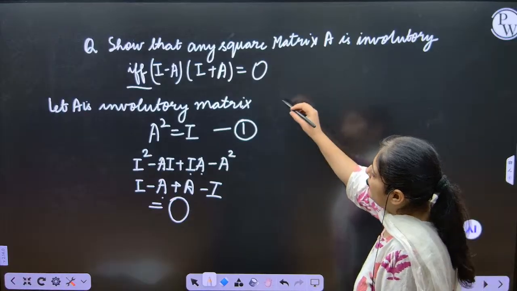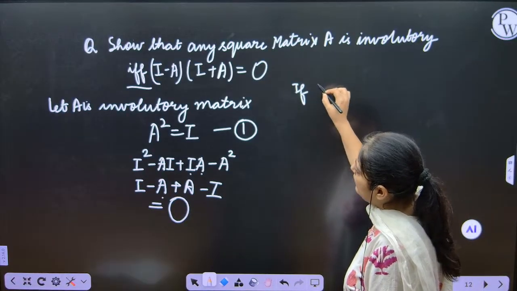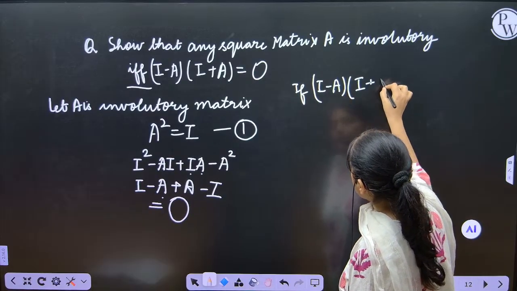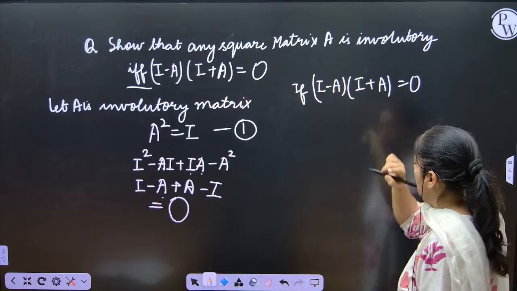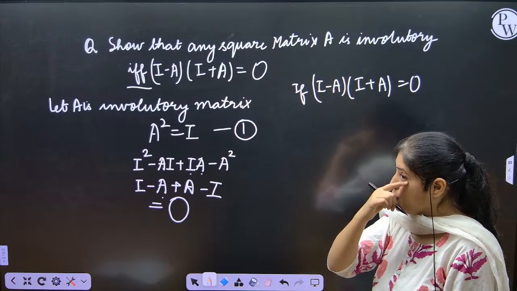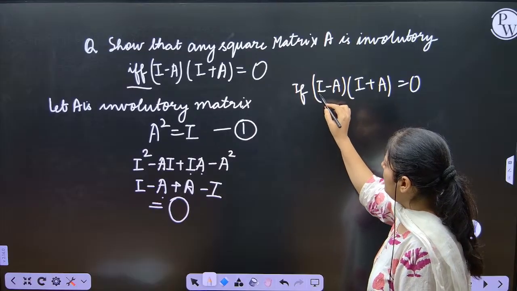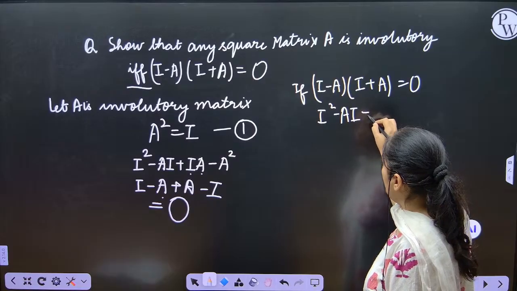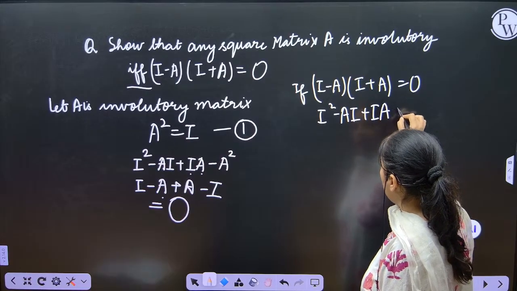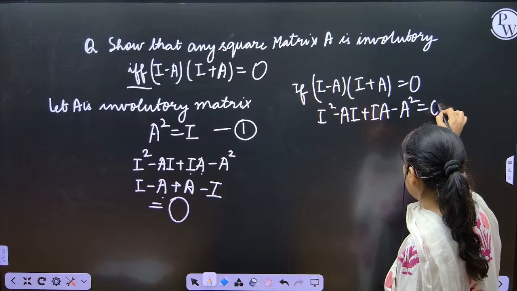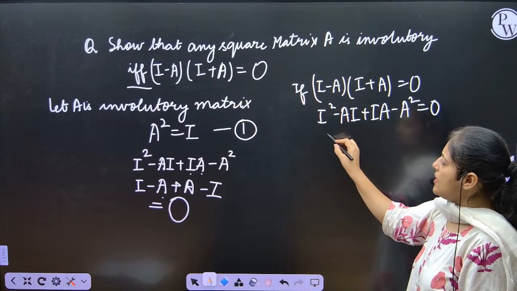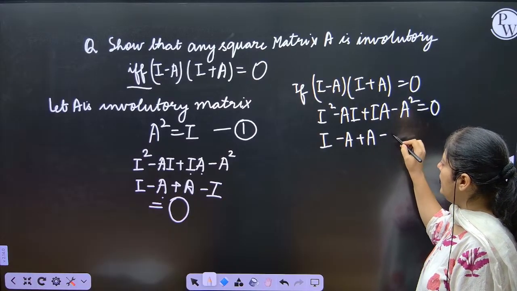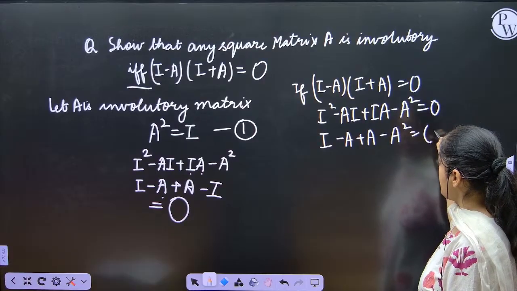Second part. Now if I minus A into I plus A is already null, we have to prove whether A is involutory or not. So I square plus AI minus IA minus A square is the null matrix. This is identity only, this is A only, this is minus A only, and minus A square as it is.